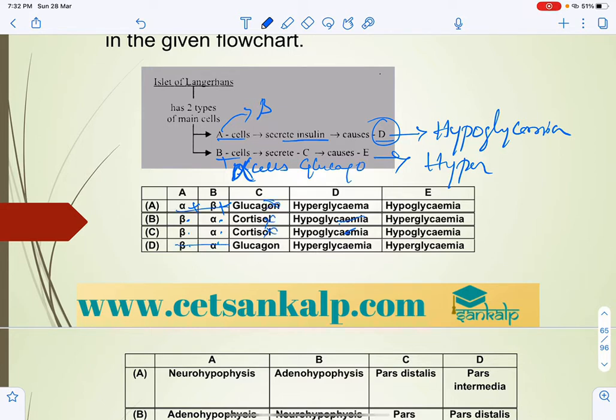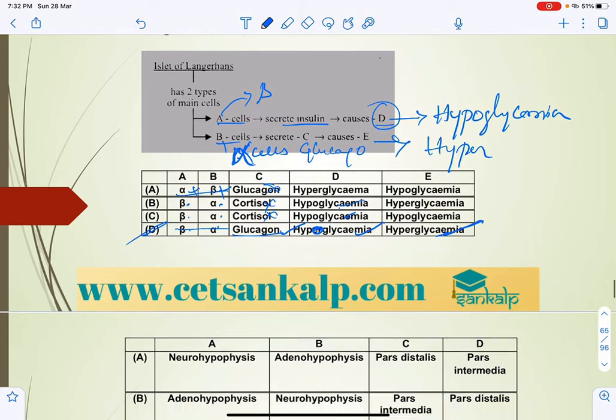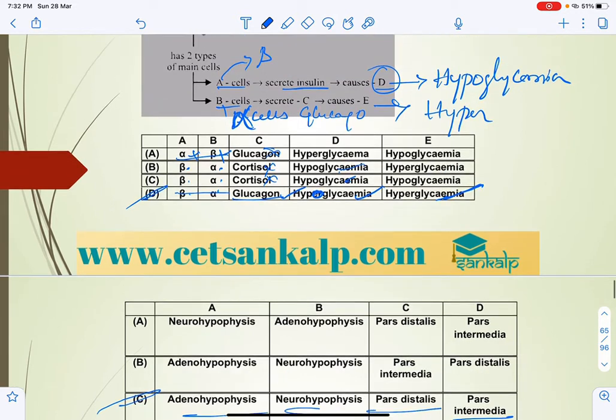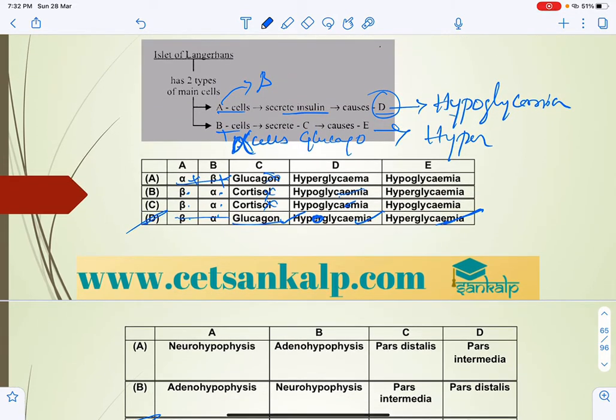Let us take option D: hypoglycemia and hyperglycemia. So D is the correct answer. Beta cells decrease the glucose level, and alpha cells increase the glucose level. So just now we discussed glycemia, and the answer is D.